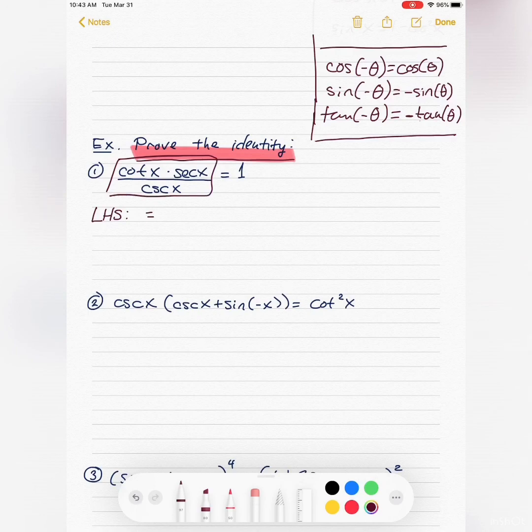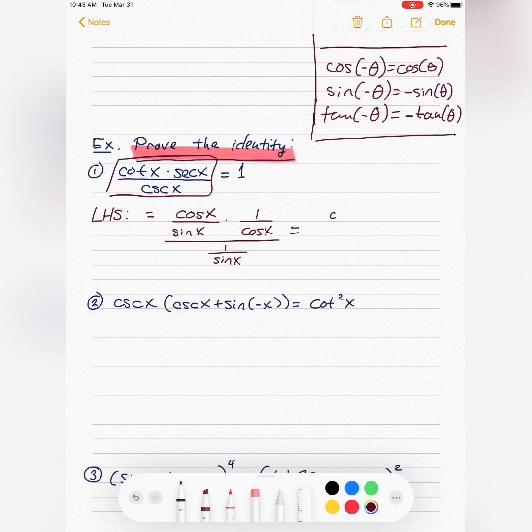Well, I could start by using the definitions to write cotangent and secant and cosecant in terms of sine and cosine. So notice I'm only using one side, the left side.